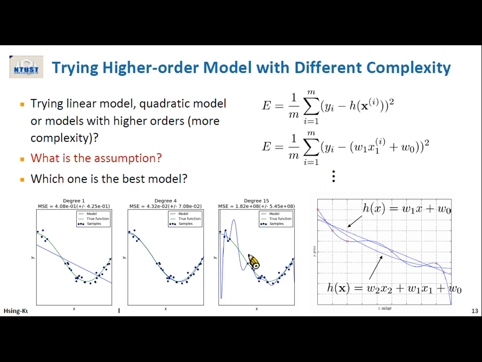One way, we can see a lot of fluctuation, like right here, when the data is not too many. So we see a lot of ups and downs. Okay, so no good. The other way is that if we try to modify the data, just change it a little bit, then the model changes a lot. No good.